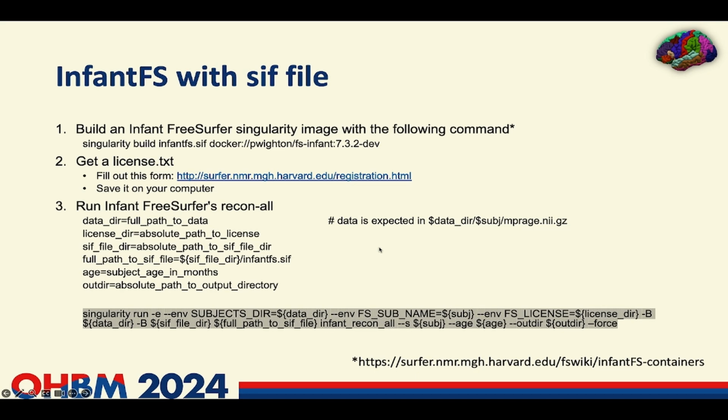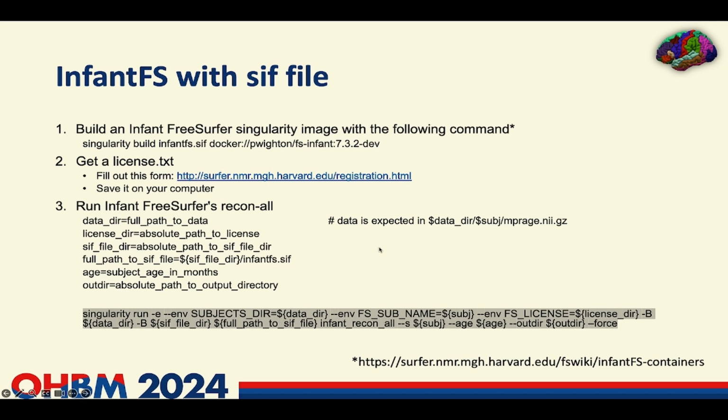Very quickly, before this, I wanted to mention that, as I said, we have containerized versions of Infant FreeSurfer. You can either download or construct your own Singularity image. We have instructions on the website about that. You need to have a license before running Infant FreeSurfer, so download it and store it on your desktop or laptop. And then this is the command that you would use when you run Singularity.